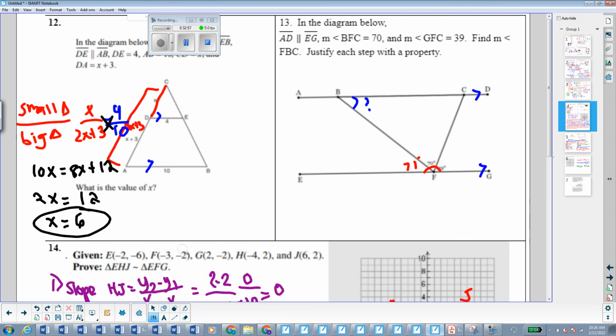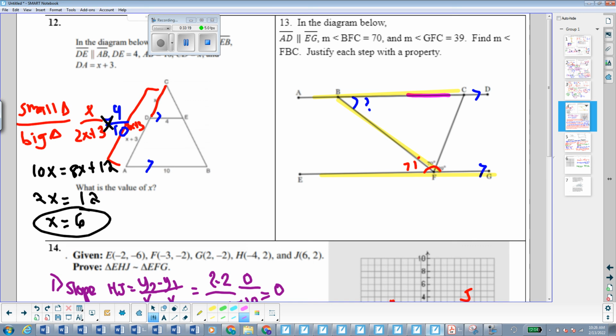Next, I'm going to think about the other piece of given information that they gave us, that we have parallel lines here. So I'm just going to highlight the parallel lines, AD and EG, and I'll highlight one of the transversals that's intersecting those two parallel lines.